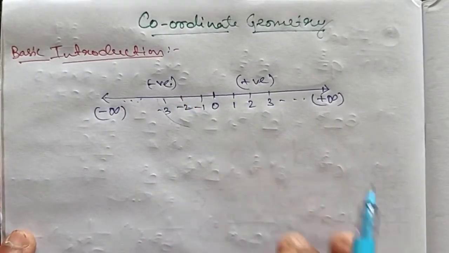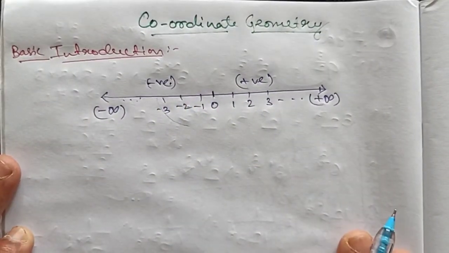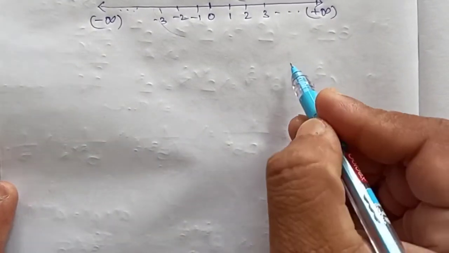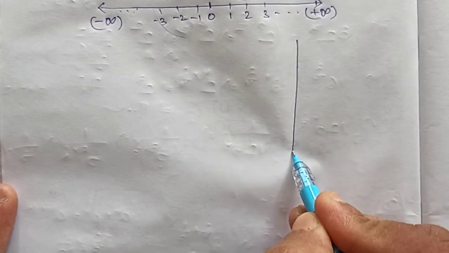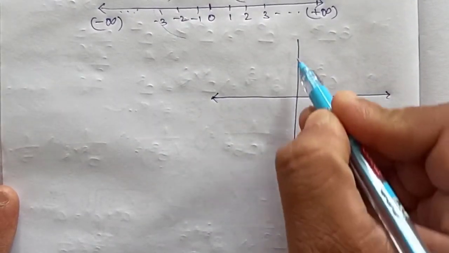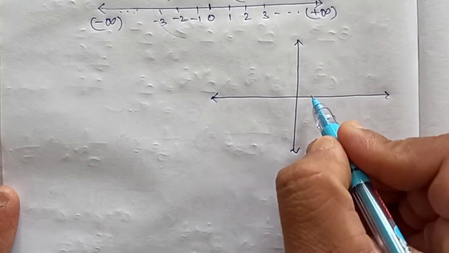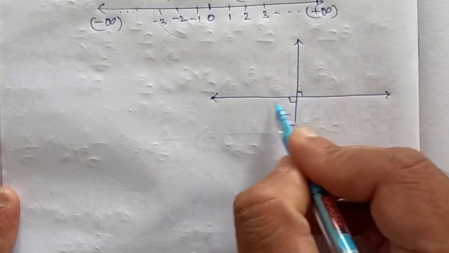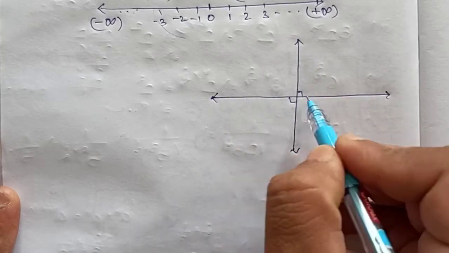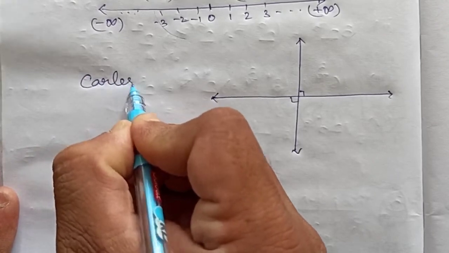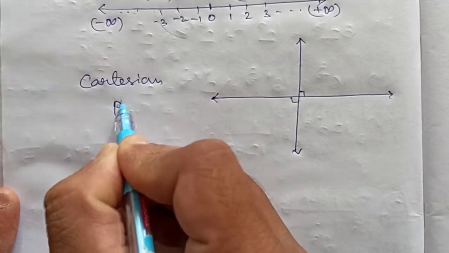But in coordinate geometry, we will study the Cartesian plane, where two number lines intersect each other perpendicularly. Perpendicularly means 90 degrees. If two number lines intersect each other, it becomes a Cartesian plane.